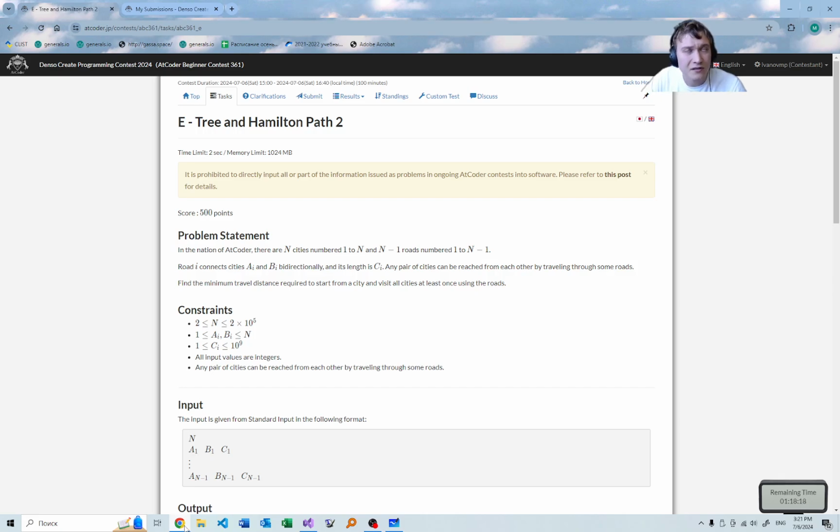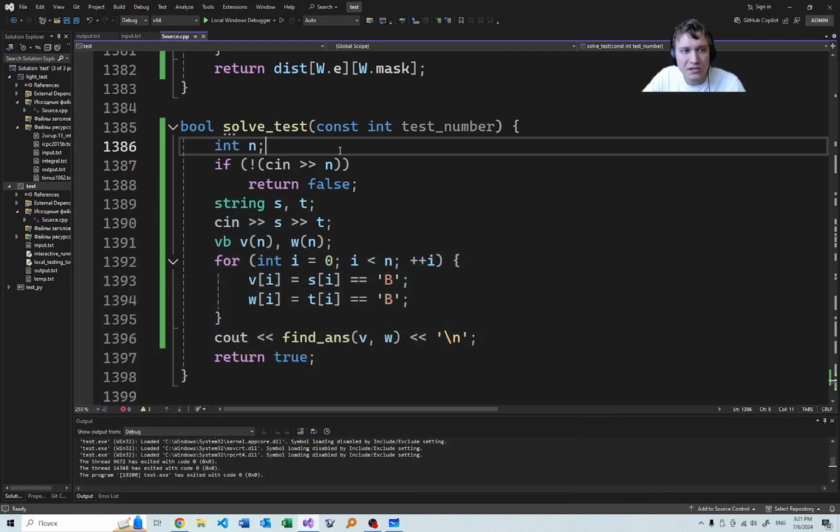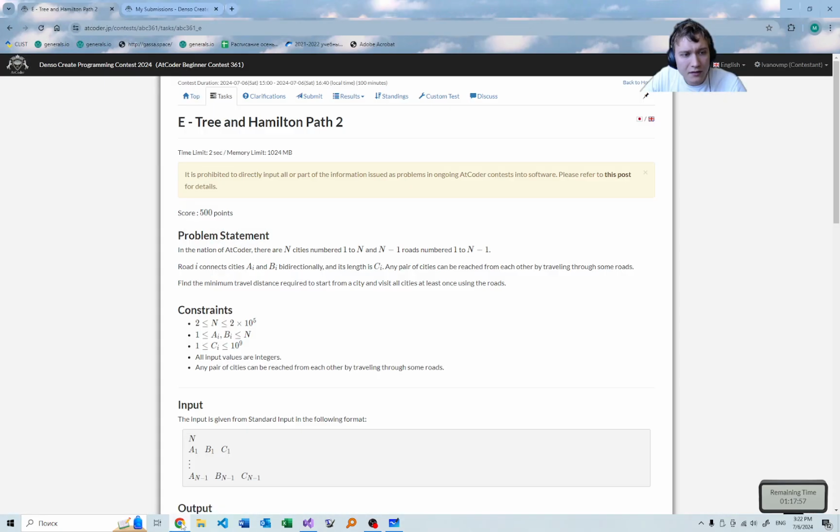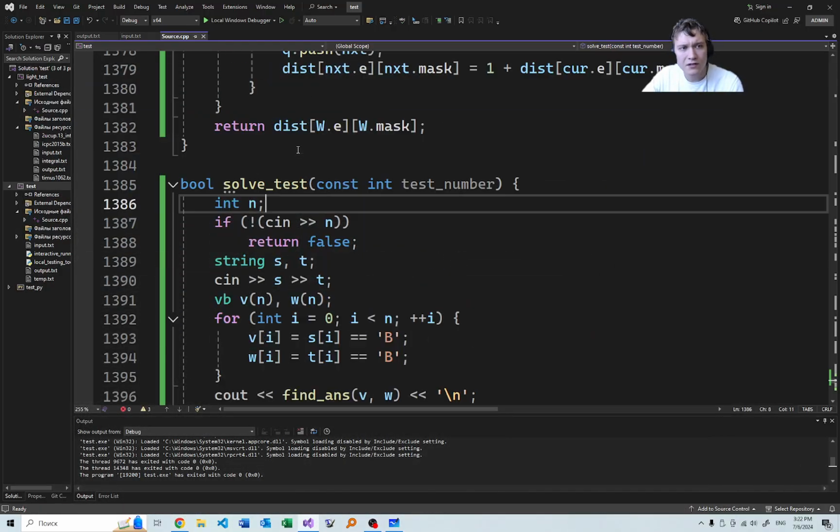Add all numbers. No, add all numbers twice and subtract the diameter of this tree. This is the solution. So, okay, n, and then a lot of edges.